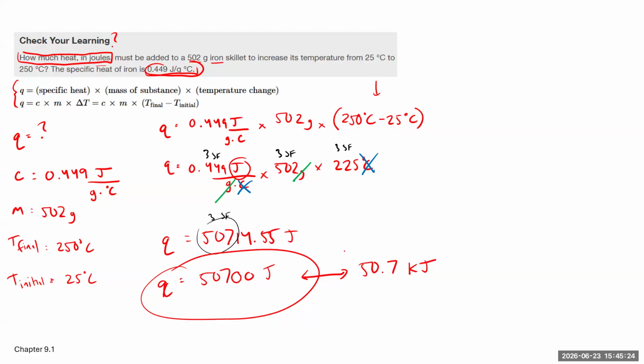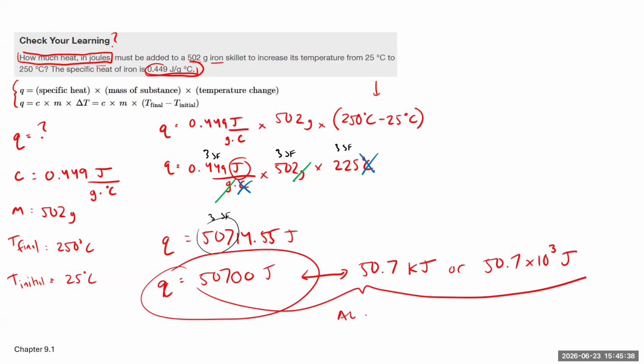So we could also say this is 50.7 times 10 to the third joules, right? These are all the same answer. It's all the same value. It just looks different, right? This one has it in joules. This one has it in kilojoules. This one has it in joules, but it has that exponential notation, right?